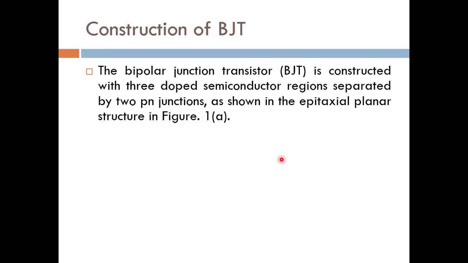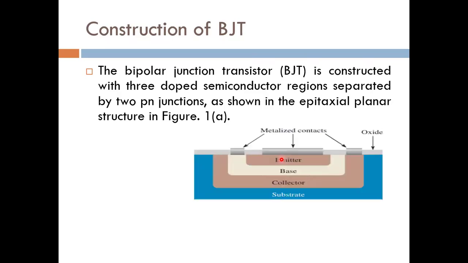Now, regarding the construction, it's just like a substrate or a wafer on which initially there is one region which is doped as either N or P. So it depends on its type. Let's say, for example, this region known as collector is doped as N type, while the mid region called base is doped as P type, and this region called emitter is again doped as N type.